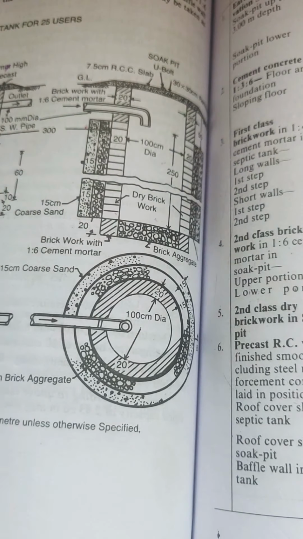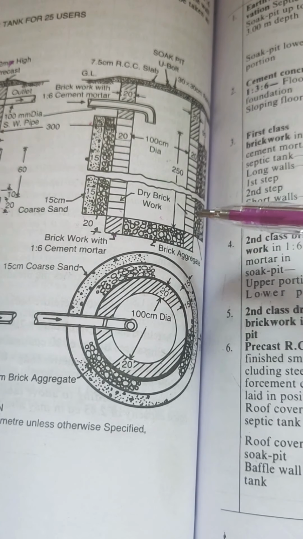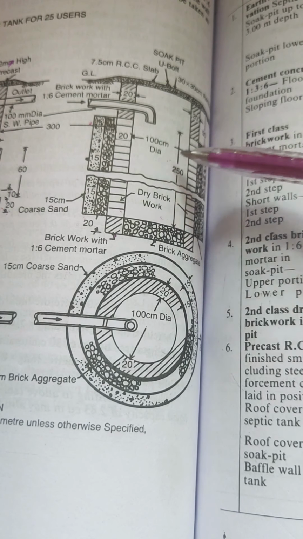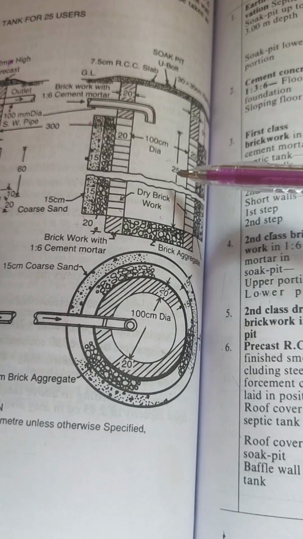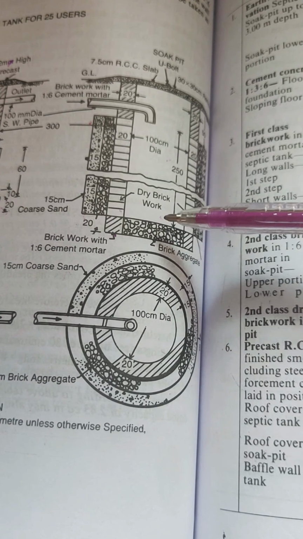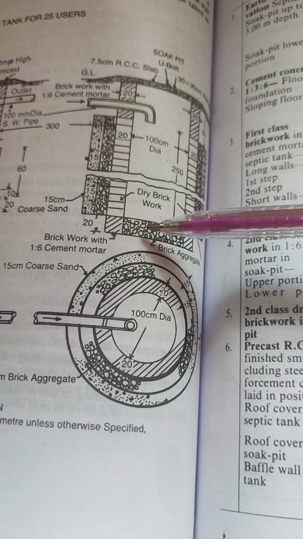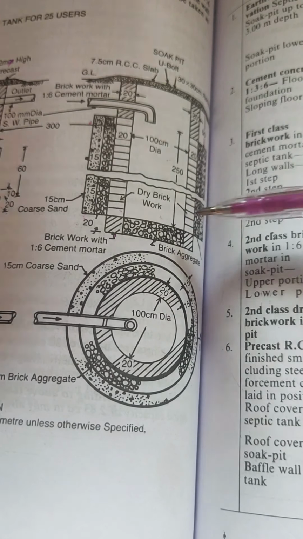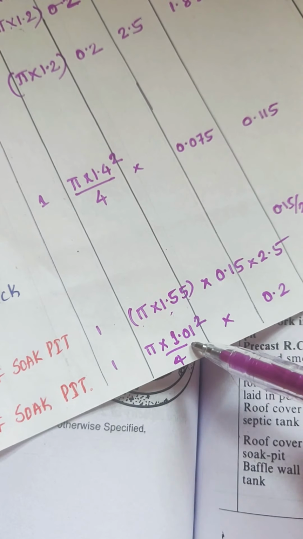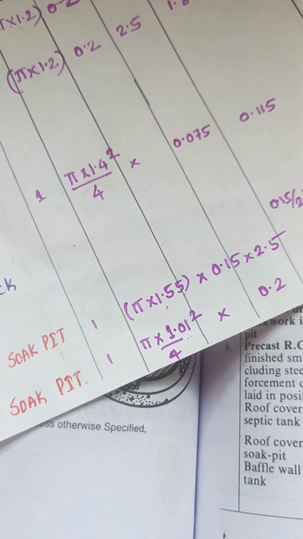Now what will be the area for that? So this part is 100, right? So 100, and we'll take some bearing so that it is embedded brick aggregates. So 100 plus I have added this 0.01.